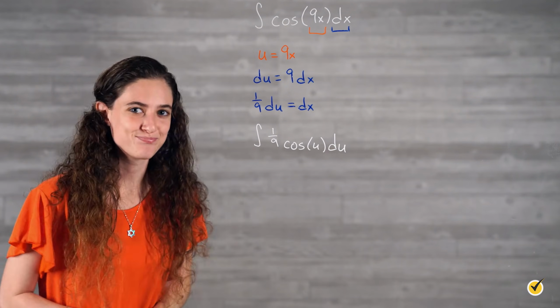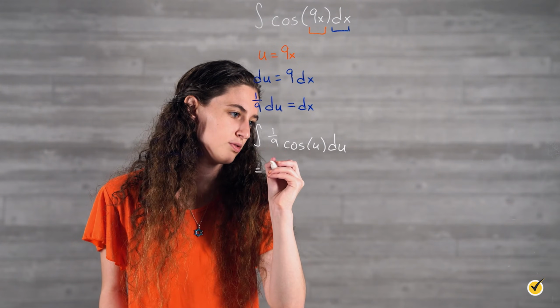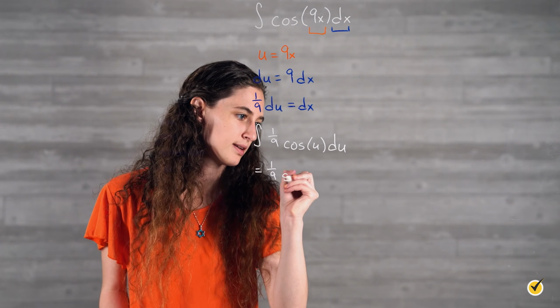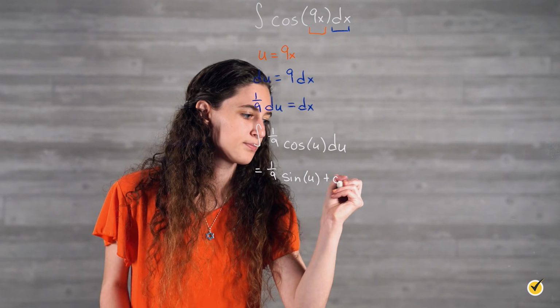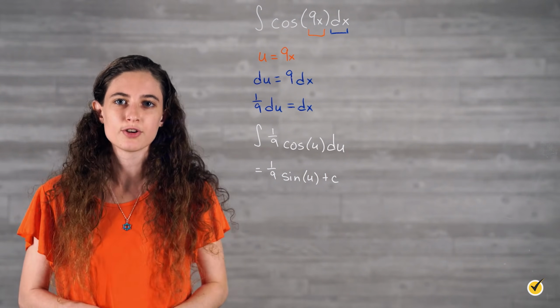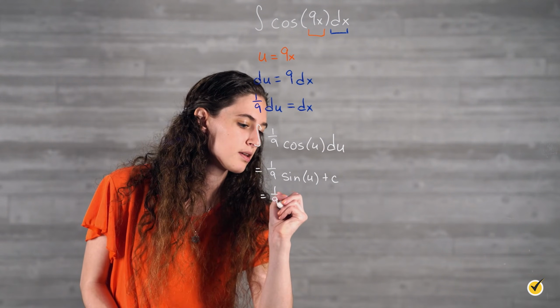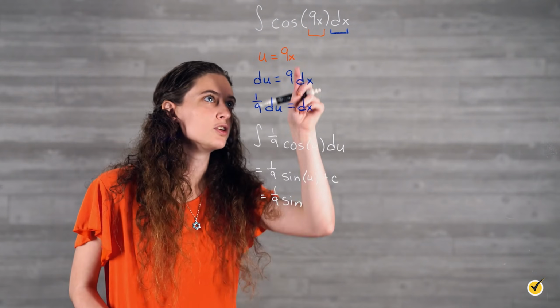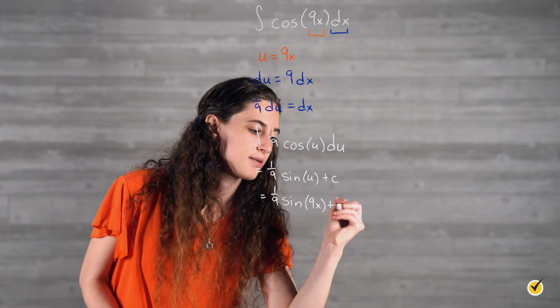Now we're going to integrate. So this is equal to 1/9 sine of u plus c. And finally, we're going to substitute in our u value again. So this gives us 1/9 sine of u is equal to 9x, so 9x plus c.